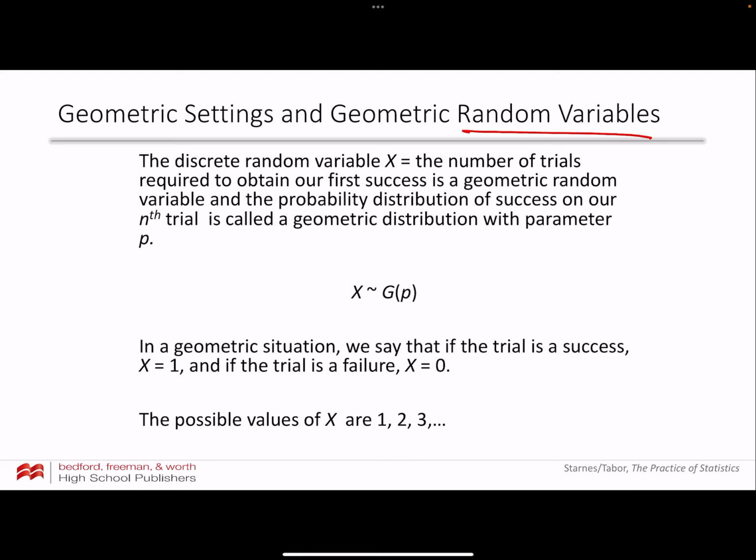So if we take a random variable X and define it to be the number of trials required to obtain our first success, our first success would either happen on the first trial, the second trial, the third trial, the fourth trial, et cetera. So it's a random variable, and it's discrete as opposed to continuous.